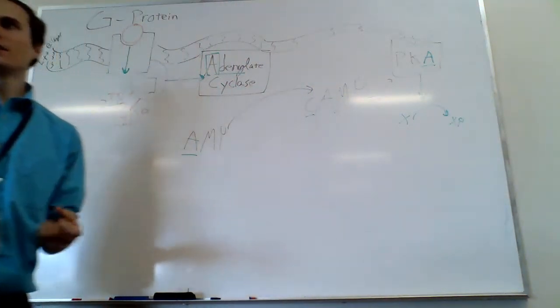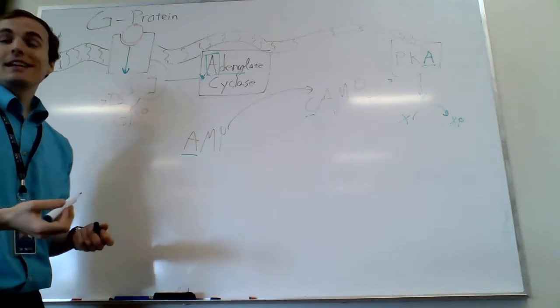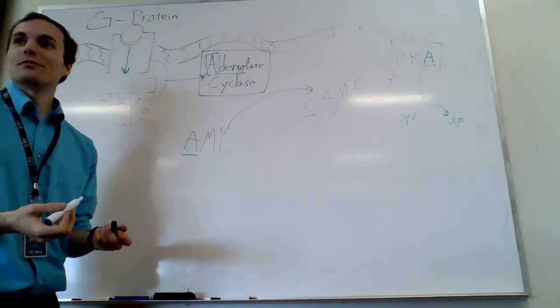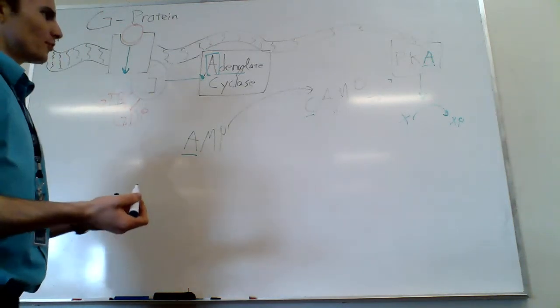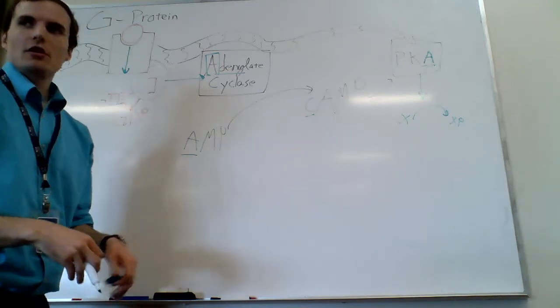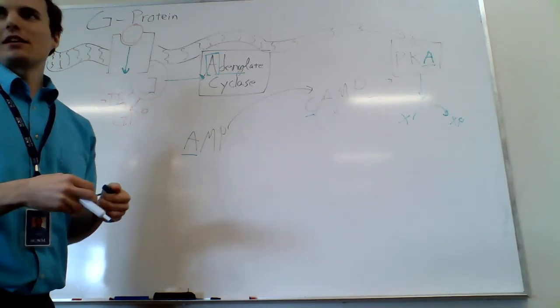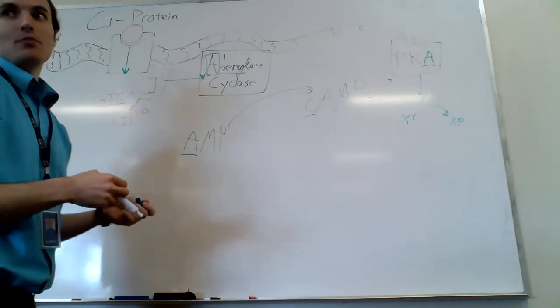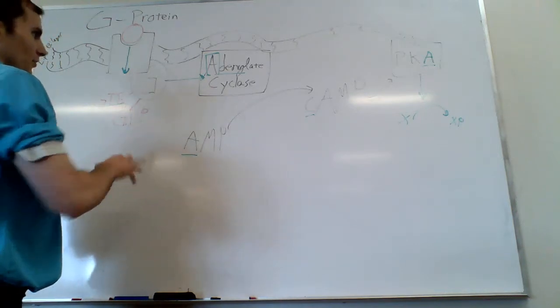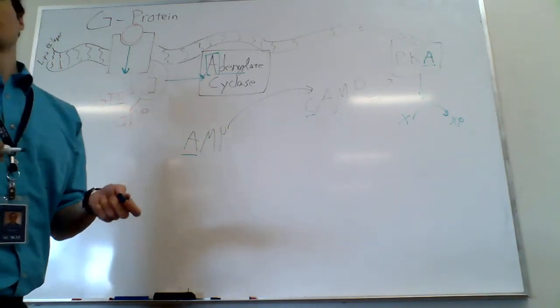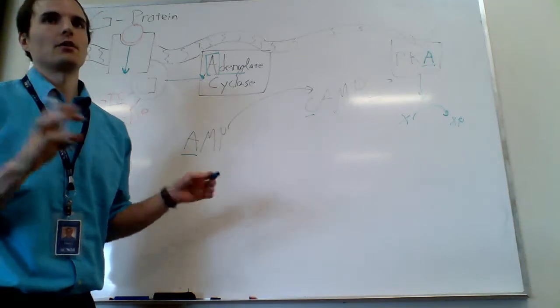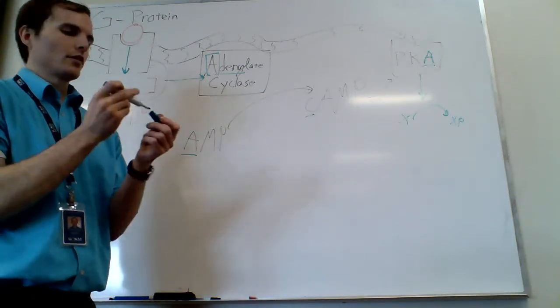So it does its kinase deal, and that's it. This is really straightforward. And so you can remember that the smooth muscle one is the one with all the junk, and then the Adenylate Cyclase one is the one without all the junk. And this one is used in a lot of things, so I'm not just going to call it the heart or whatever.